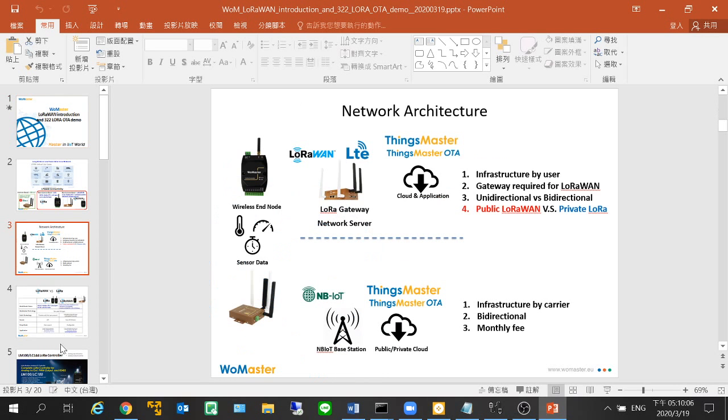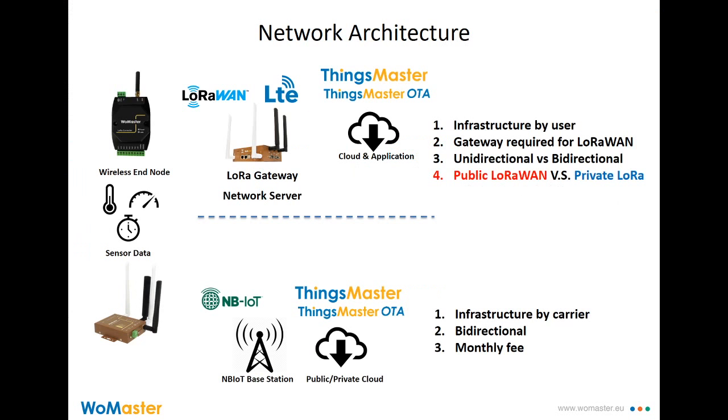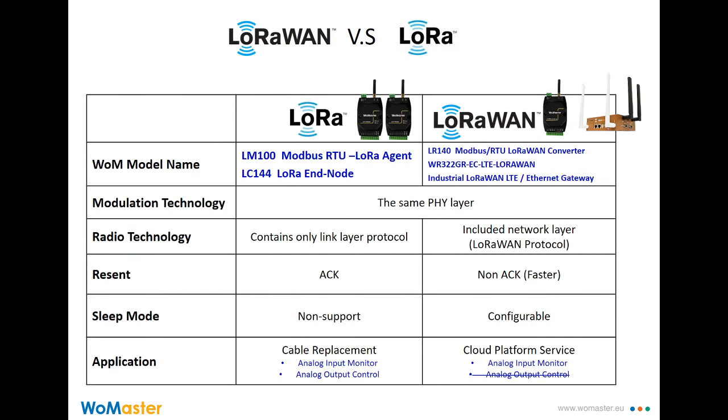So let's go back to page 3. According to the requirement from the customer's application, users can adapt to the proper one. Now, we know the difference is between licensed and non-licensed band connectivity. In this page, the major differences between the LoRa and LoRaWAN of the WoMaster devices.